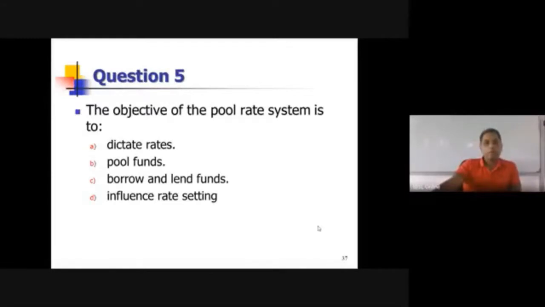What is the objective of the pool rate? Dictate rates, pool funds, borrow and lend funds, influence rate setting. What is the objective?